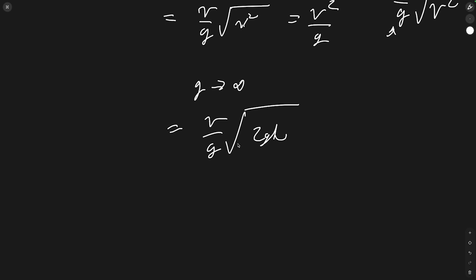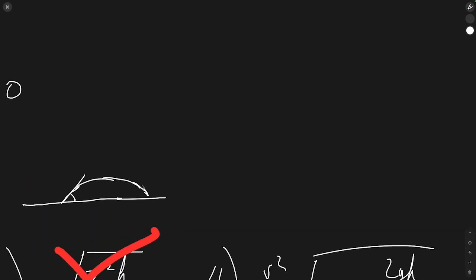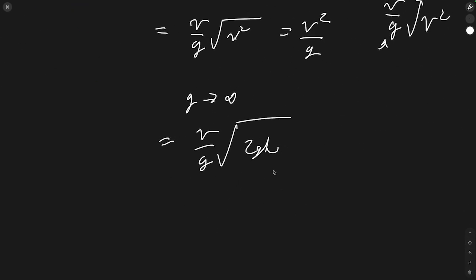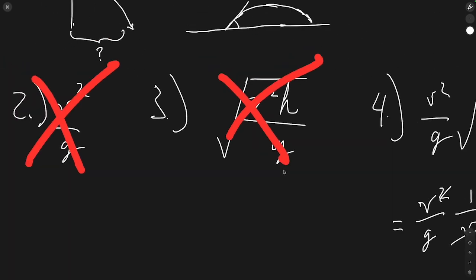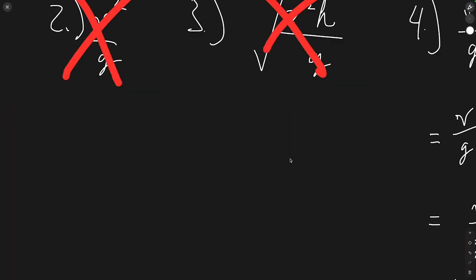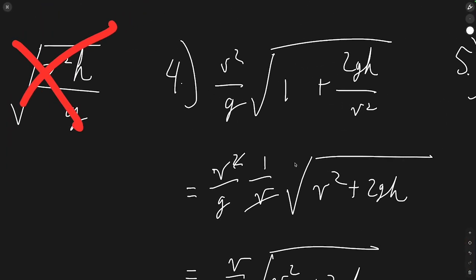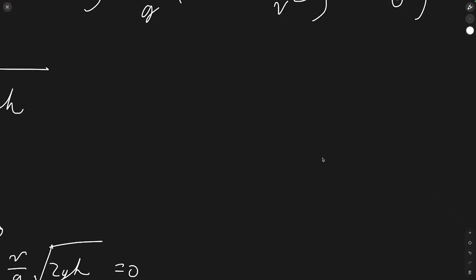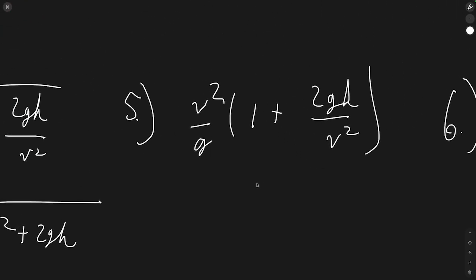This term overpowers this term, so this would go to 0. That makes sense because the gravity would be so heavy that you wouldn't be able to throw the ball at all, right? It would take infinite amount of energy. So that makes sense. Okay. And is this a rational function? No. Right? So we don't have to worry about that. So I want to keep this on the back burner, and let's move on.